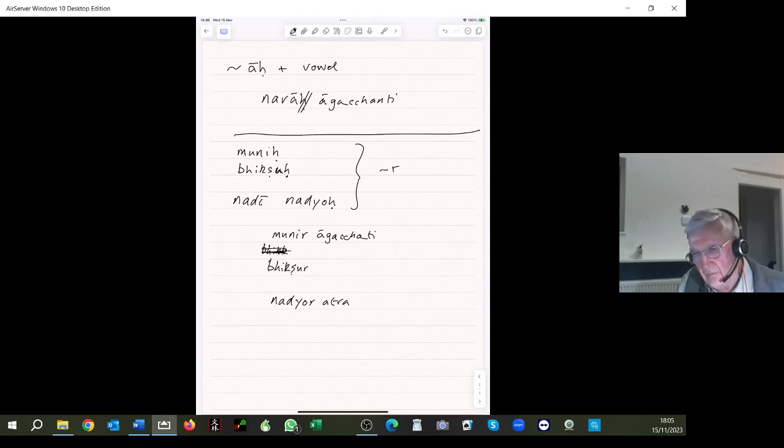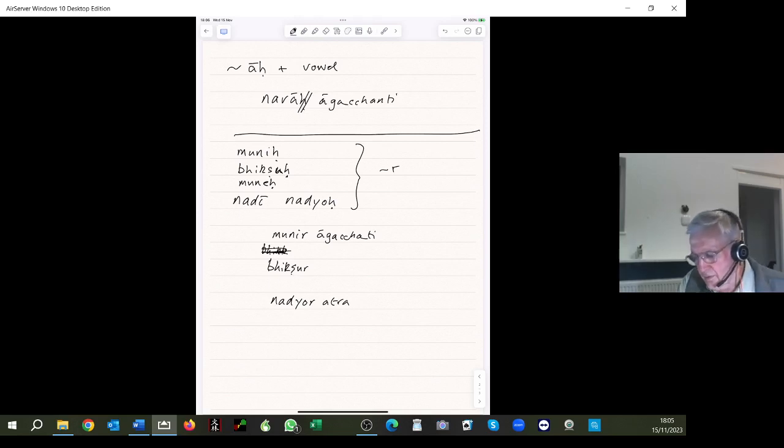If a visarga is followed by a voiced consonant, then equally it will become an r. So, of the muni would be muneh. That's the genitive of muni, muneh. All of these have visarga preceded by a vowel other than a or long a. The same rule applies with voiced consonants as applies before a following vowel.